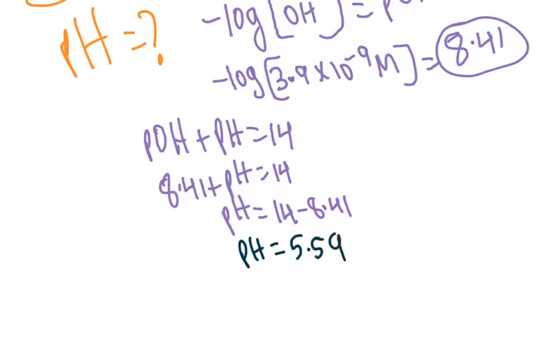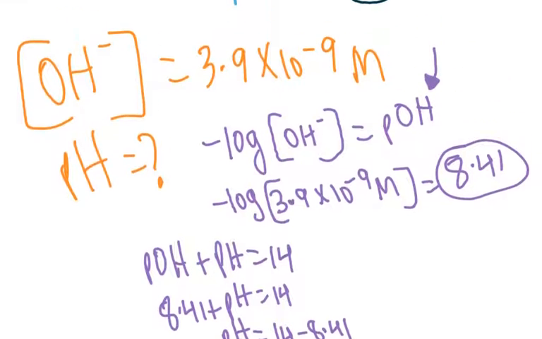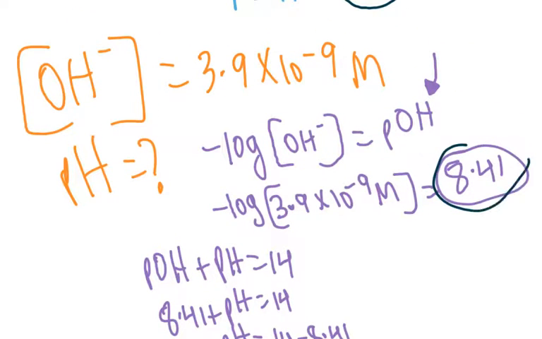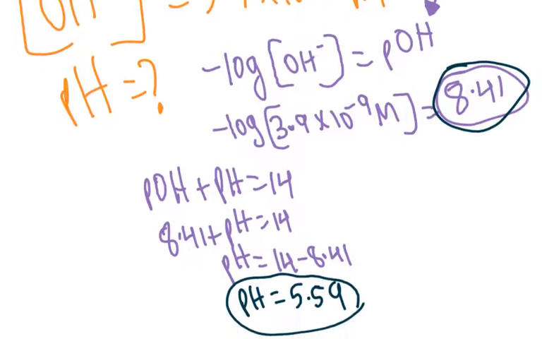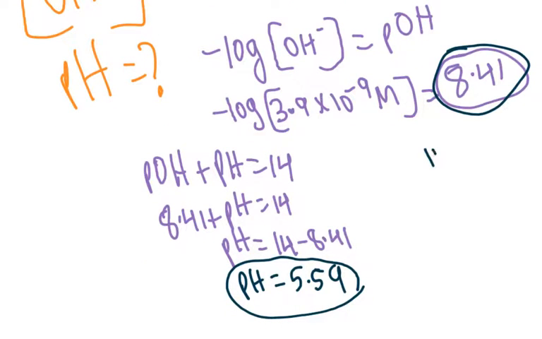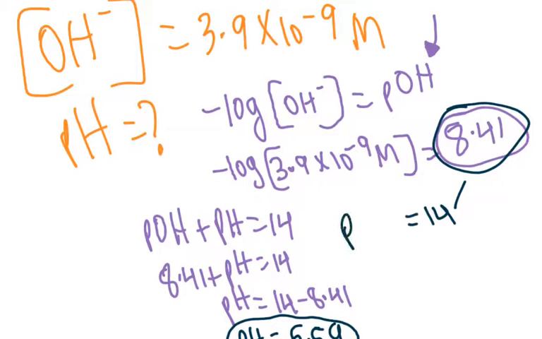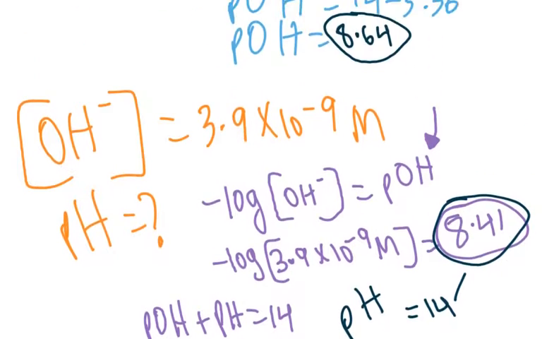This is the answer, this is the pH. Don't get confused and think the pOH is the answer. The pH is 14 minus the pOH.